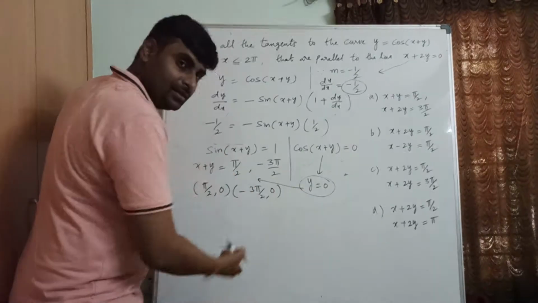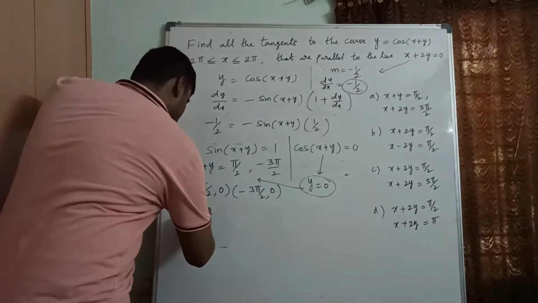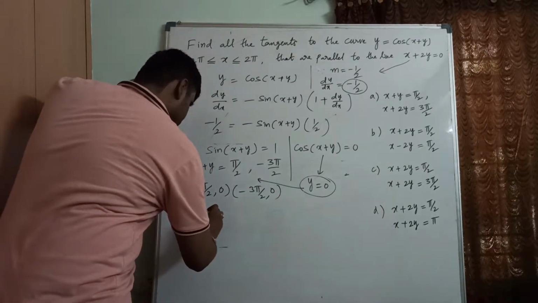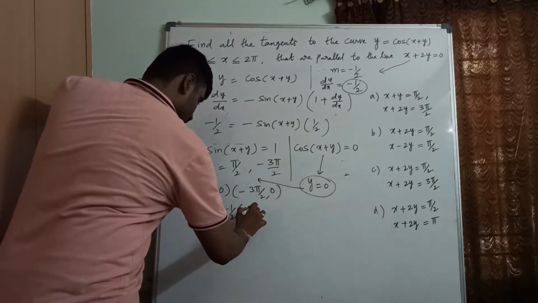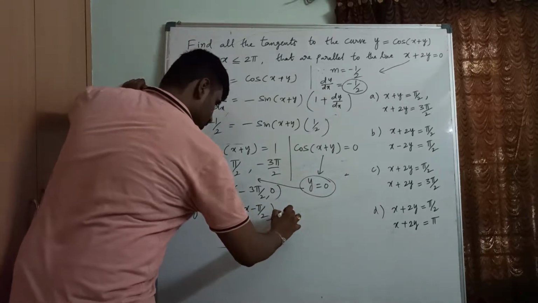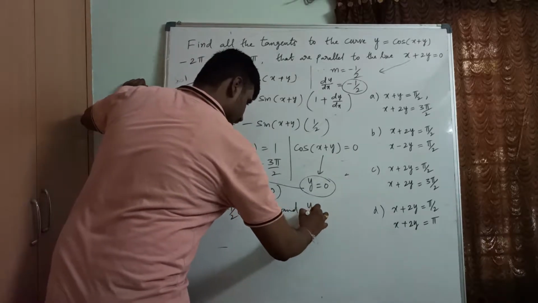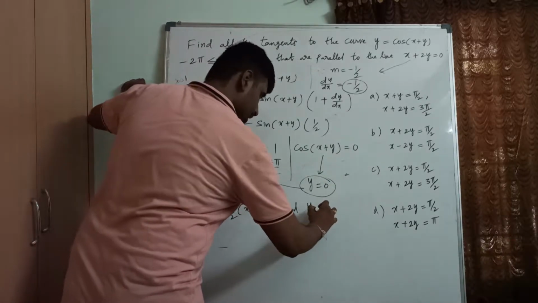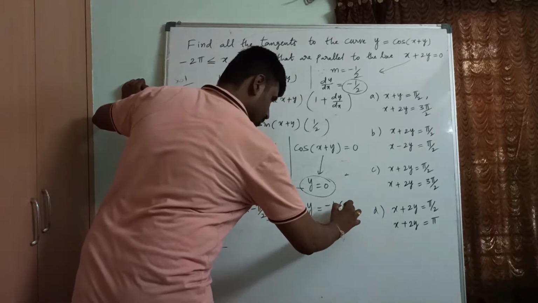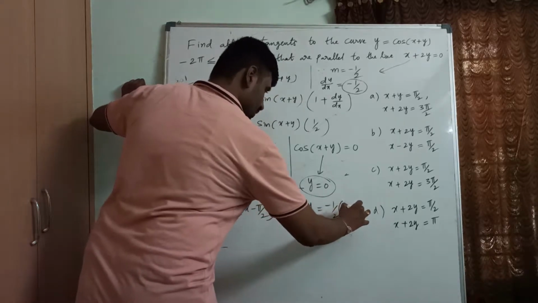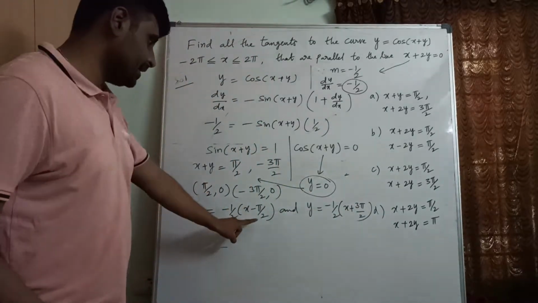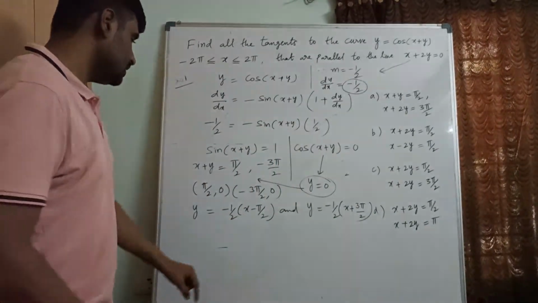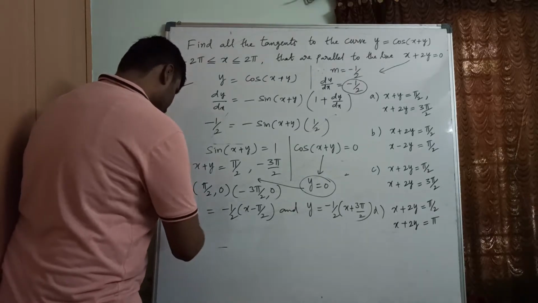Now let us find the equations of tangents. So y minus y1 equals 0 here, m is minus 1 by 2, into x minus pi by 2, and y minus 0, again y equals slope minus 1 by 2 times x plus 3 pi by 2 here. Here also pi by 2, yes. Now from this we can verify the option or we can simplify.